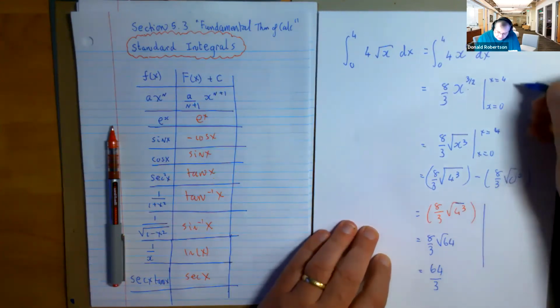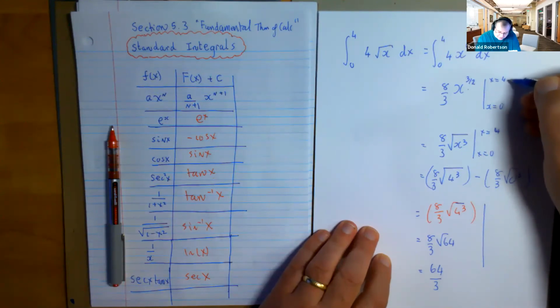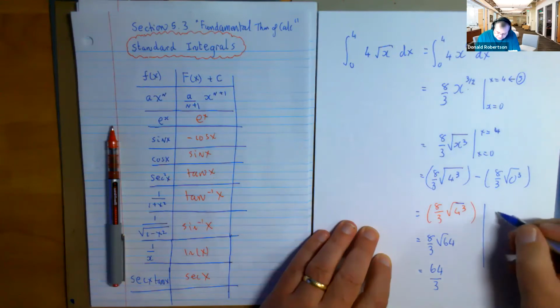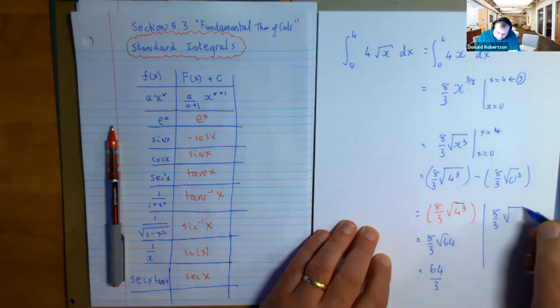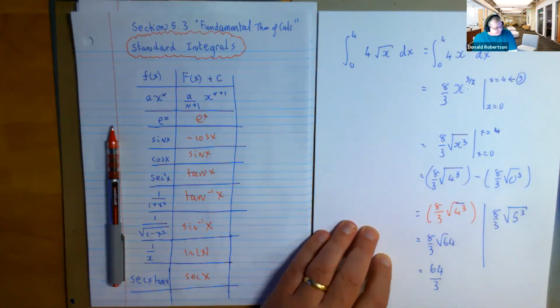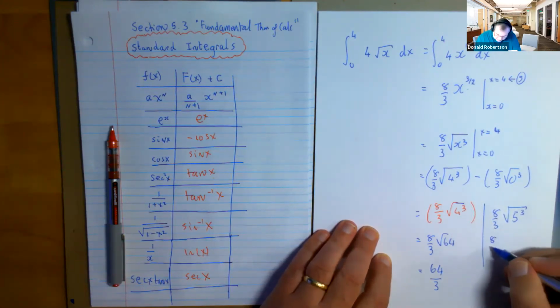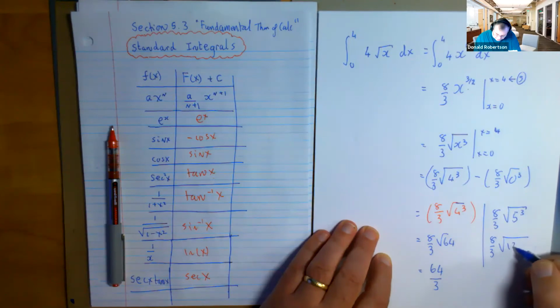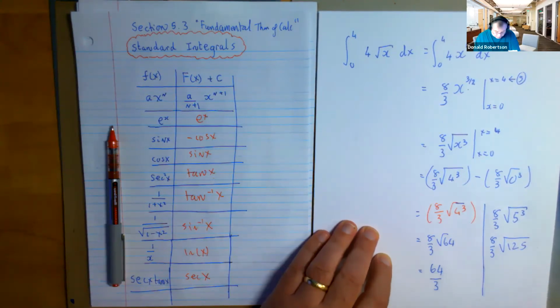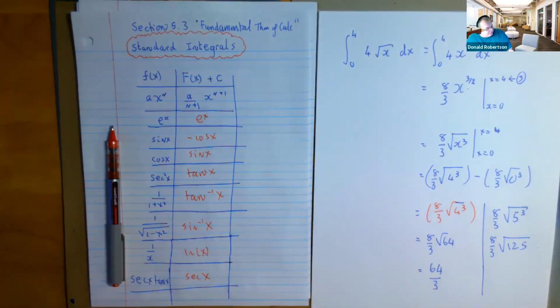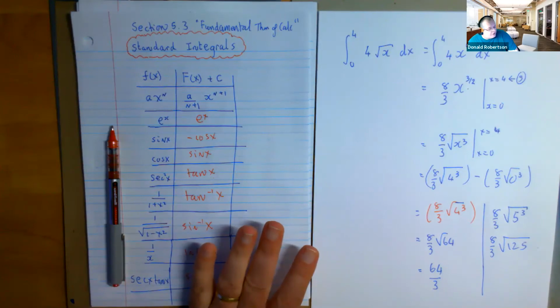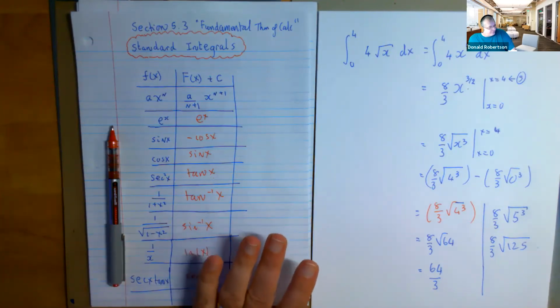Can we pretend that that number wasn't 4? Can we pretend that number was, say, 5? A different question. This would become 8 thirds of 5 cubed, which would have been 8 thirds the square root of 125, which you might be quite happy with. But shouldn't you always simplify as much as possible any answer? Now, that could be as simple as 4 eighths becoming a half.